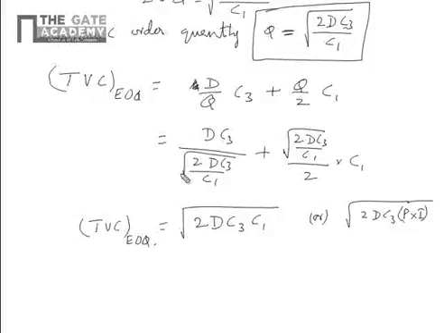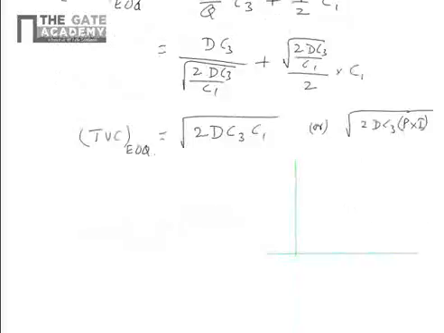So if you draw the diagram for economic order quantity, as Q increases, the number of orders, if you know what will happen, the ordering cost, what will happen to the carrying cost.